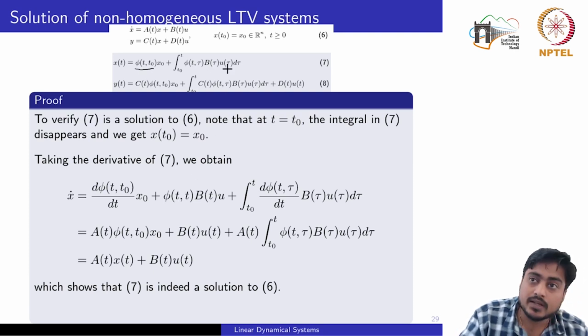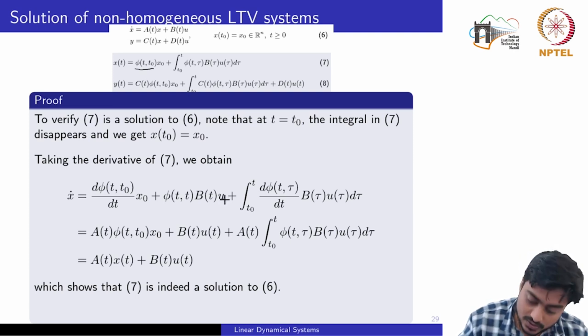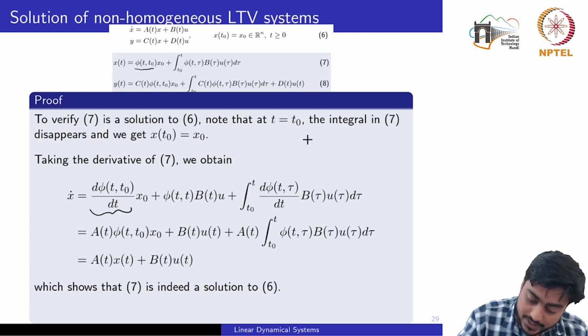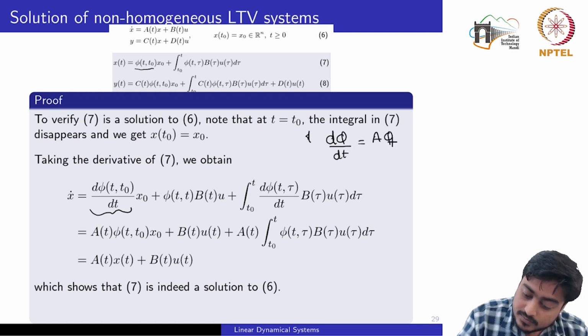All the taus would become t, right? So we would have phi(t, t) B(t) into u. Okay, u basically is u of t, because we are computing the solution at time t is equal to t. Now we can replace this part d phi by dt by using the property which is given by d phi by dt is basically A(t) phi(t, t naught).